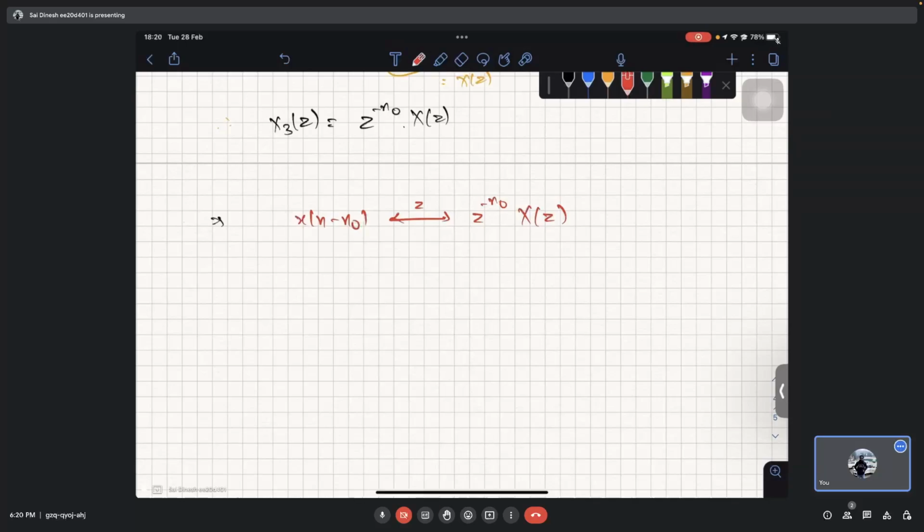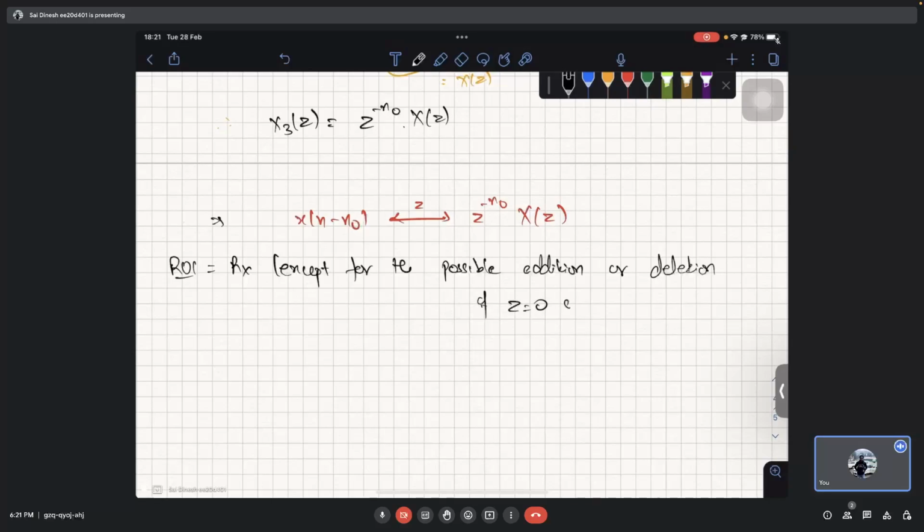Here the ROC is equal to Rx, except for the possible addition or deletion of z equal to 0 or infinity.